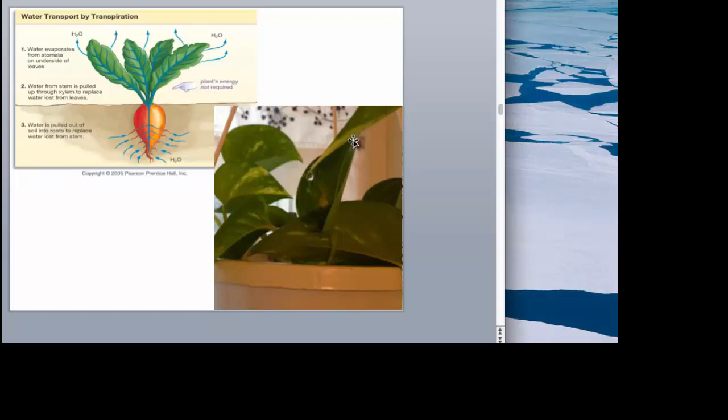So it's actually come out of the stomata and condensed at the tip of the leaf here. And this movement of water is, of course, in my plant here, not moving very far, but if you think about the sequoia that we saw in a previous session, that's moving water a huge distance, and under similar conditions you could see water droplets on the undersides of those leaves as well.